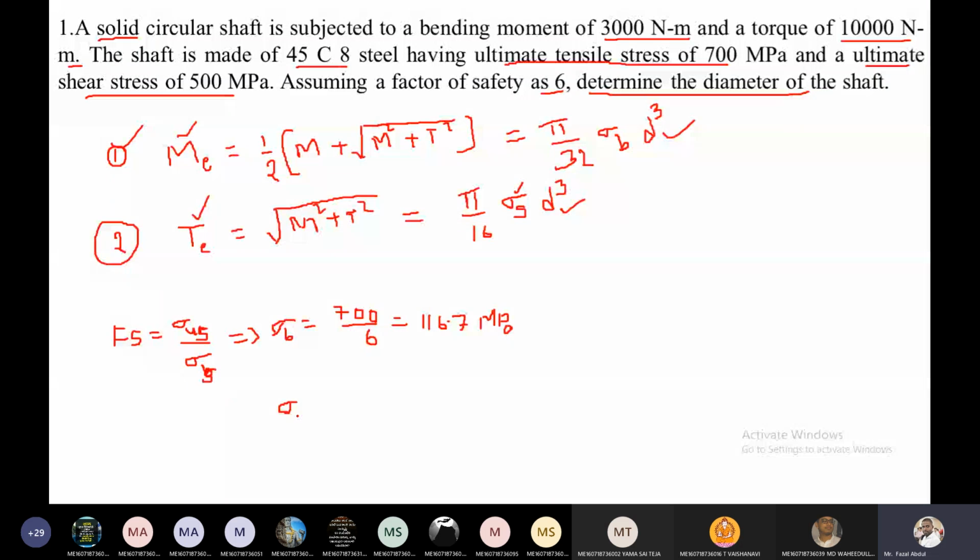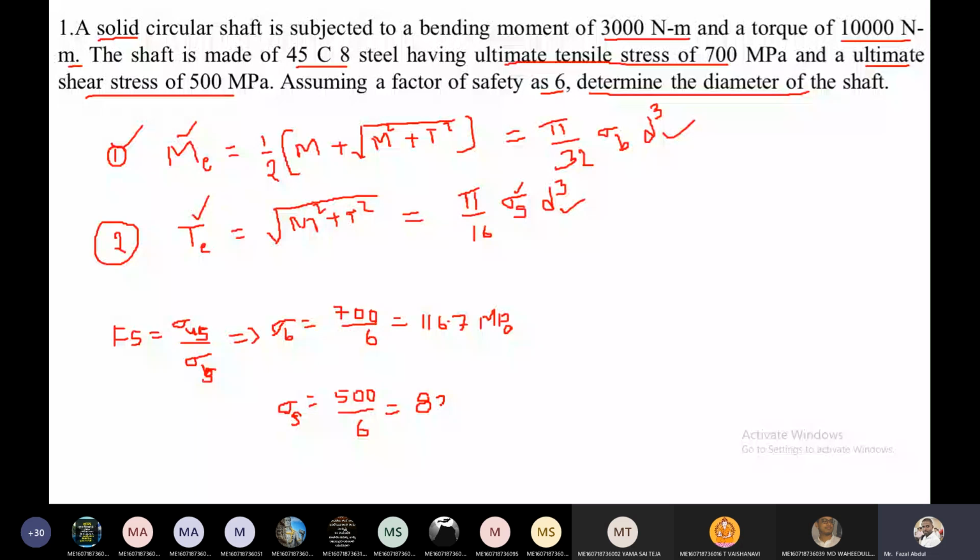Shear stress is 500 by 6. What is the value? 500 by 6 means about 83 megapascal.